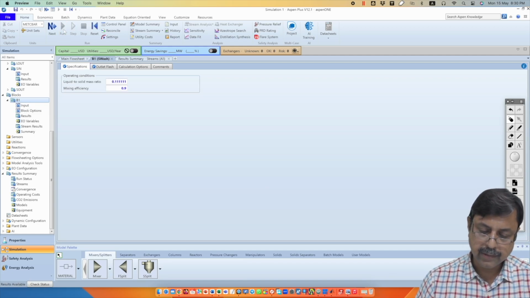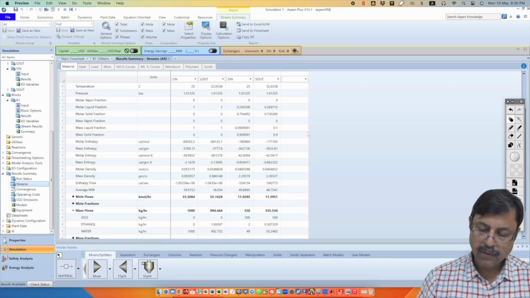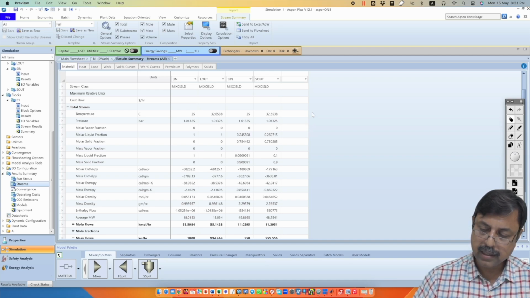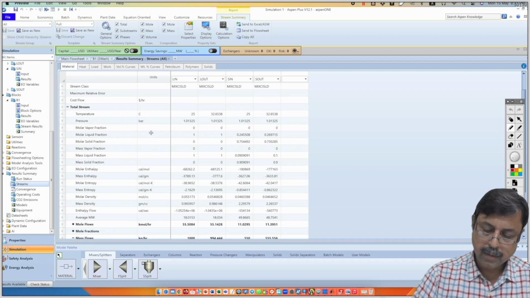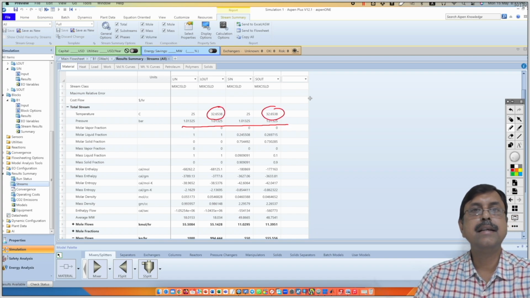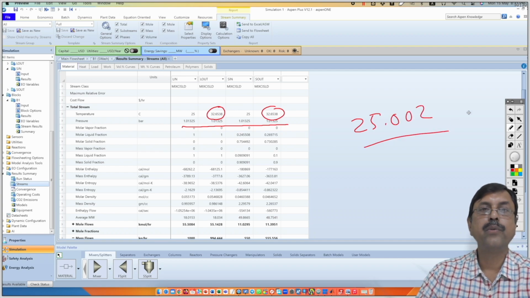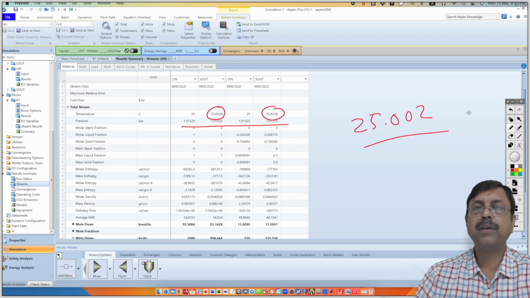Yeah. So it has run very fast. Go back to the result summary. First, let us check the temperature. So here you see the pressure remains unchanged throughout, but the outlet temperature has increased. Earlier, you remember, we found 25.002 degrees centigrade.